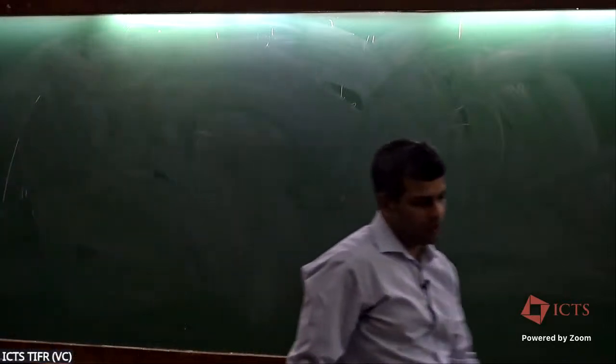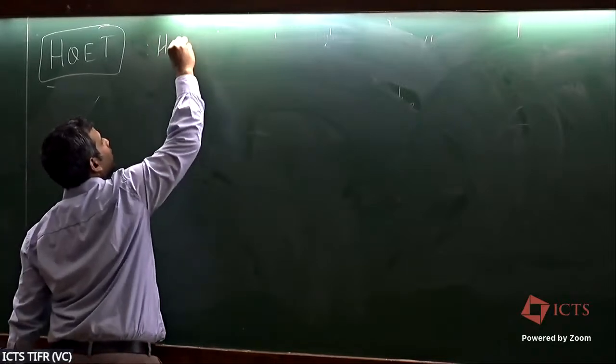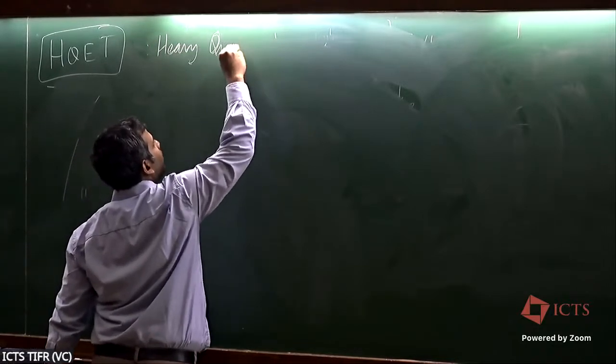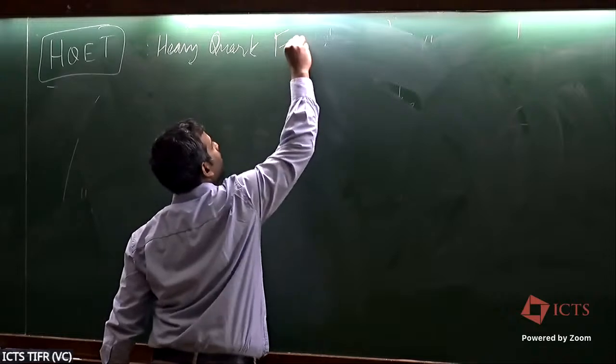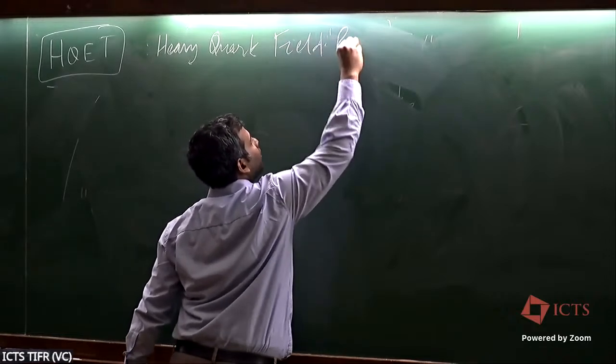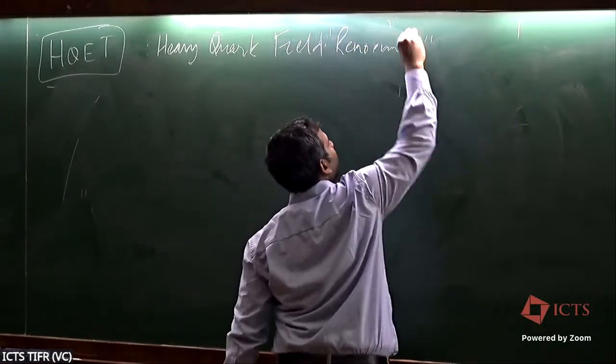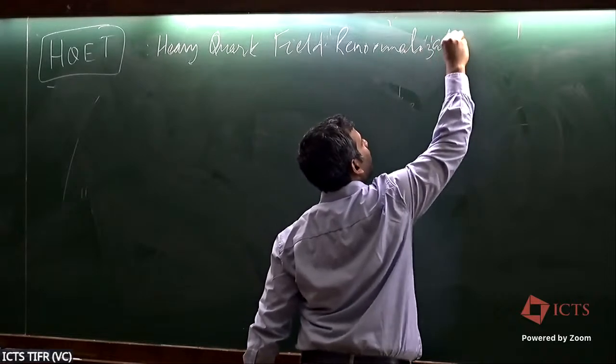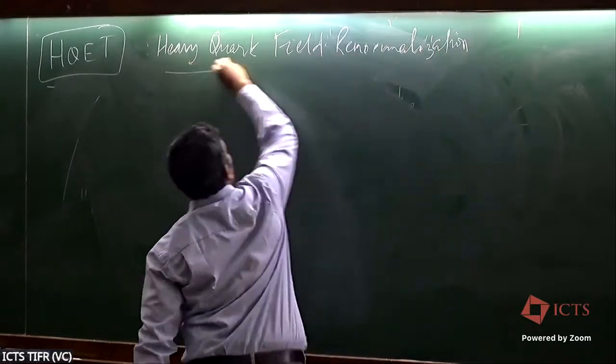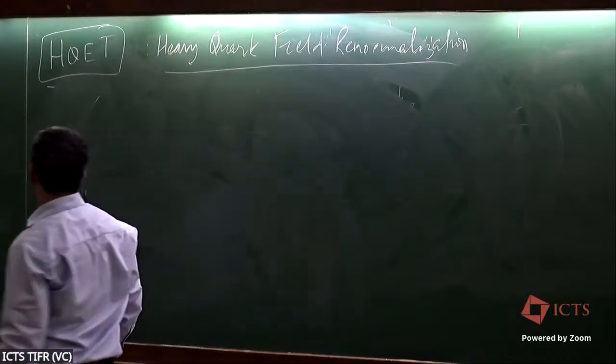Okay, so now the goal is to look at something called the heavy quark field renormalization. So I'm coming back to HQET. Let me motivate why we are doing it.